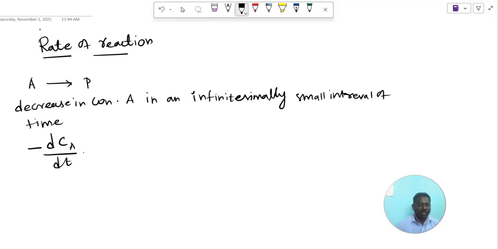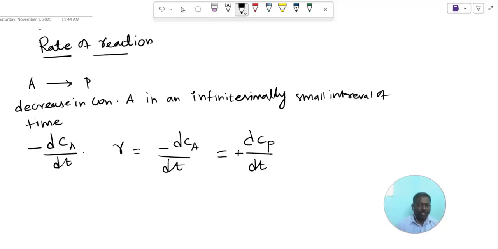Generally the time interval is very small. So R is equal to minus dCA by dt. This is the rate of reaction with respect to reactant. This can also be expressed in terms of product, the change in concentration of product with respect to time.